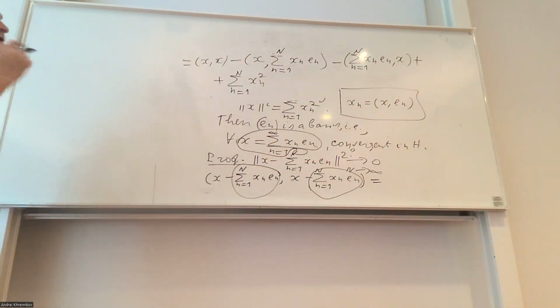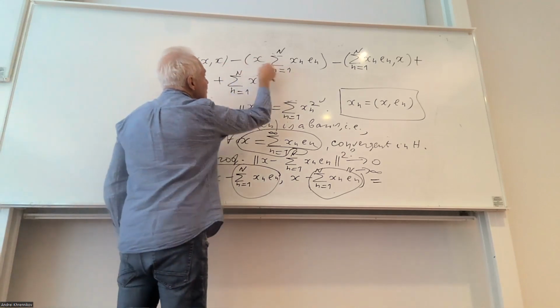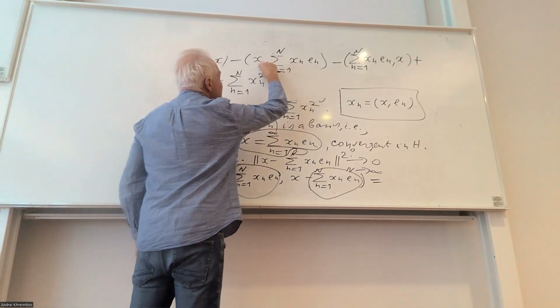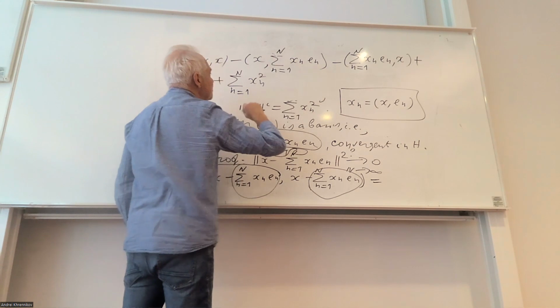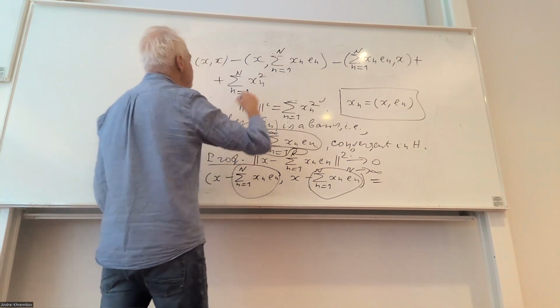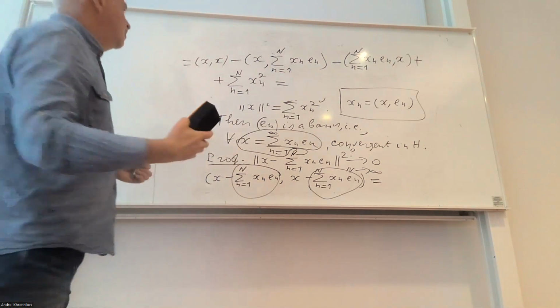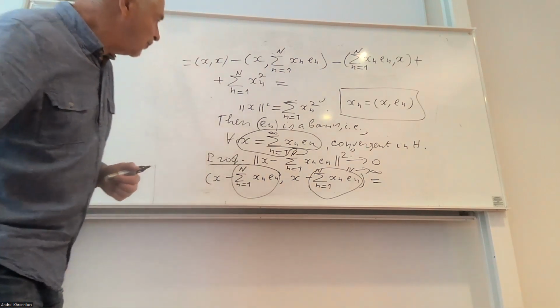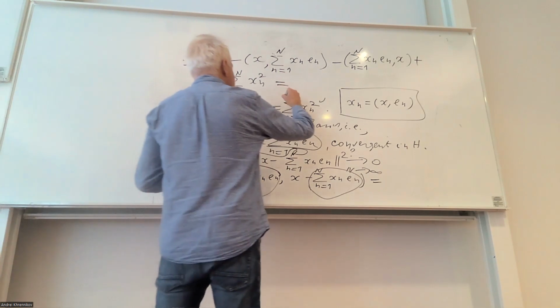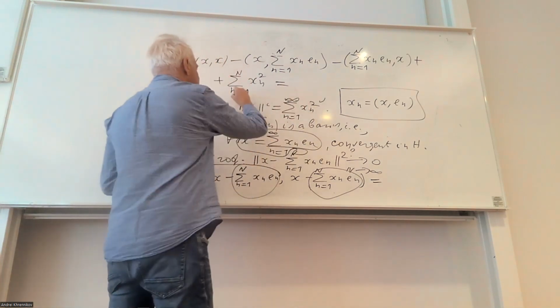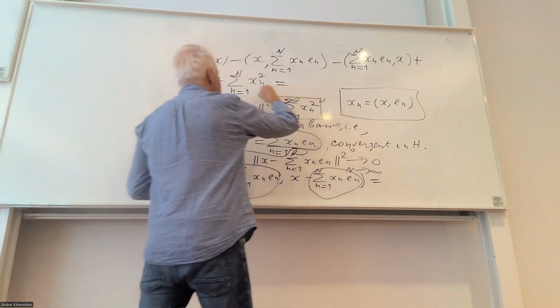So if I multiply this, finally it would be x scalar product en, but that is xn. So now it is equal. I would like to preserve this Parseval equality. This we need.